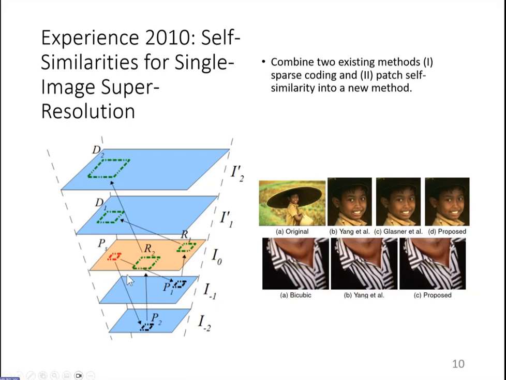Then I search for similar patches from this to this. For example, if I found they are similar, then I can use the relationship from this patch to its patch in the original image, and then copy the patch to here. I assume the patch in the higher resolution image will keep the same relation. So that is a way to create a high resolution image.